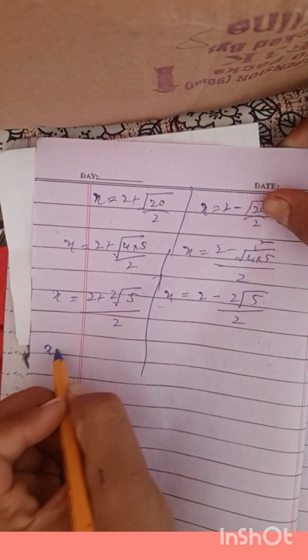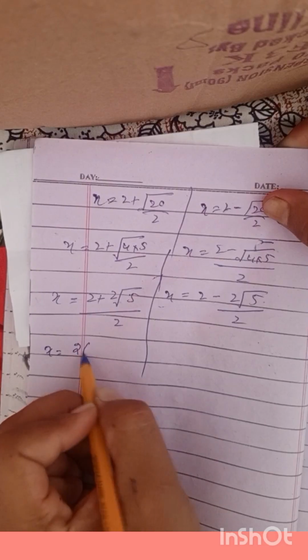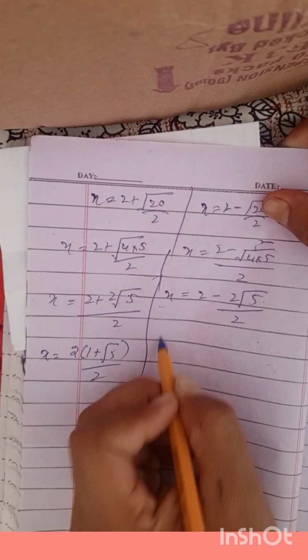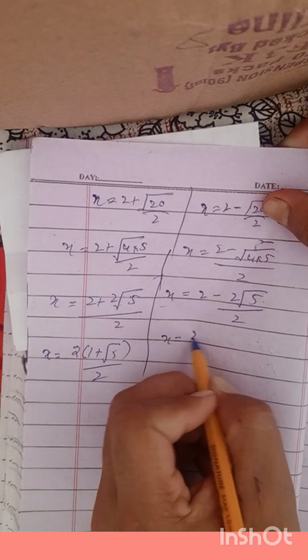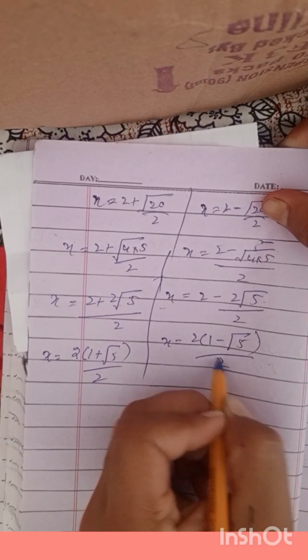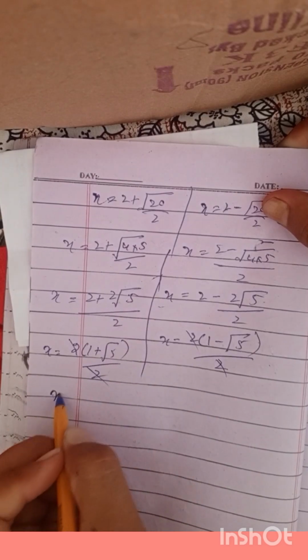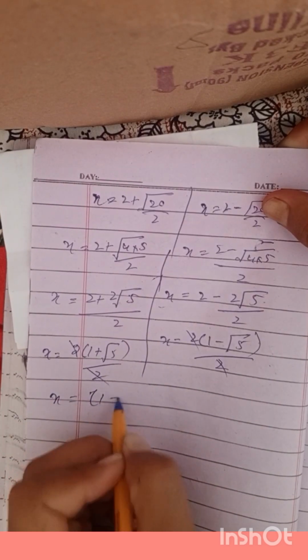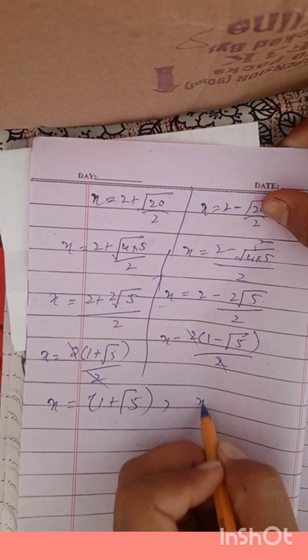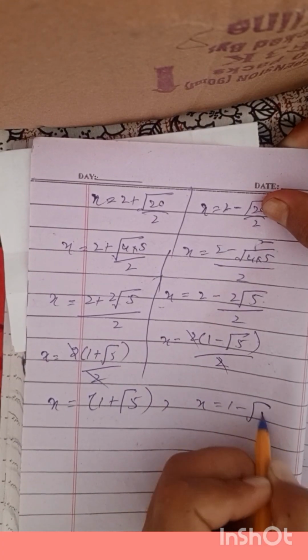Now we can take 2 common, so x is equal to 1 plus under root 5 divided by 2 and 1 minus under root 5 divided by 2. Here 2 and 2 cancel each other, so x is equal to 1 plus under root 5, and also x is equal to 1 minus under root 5.